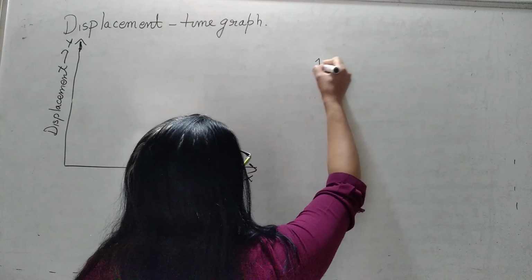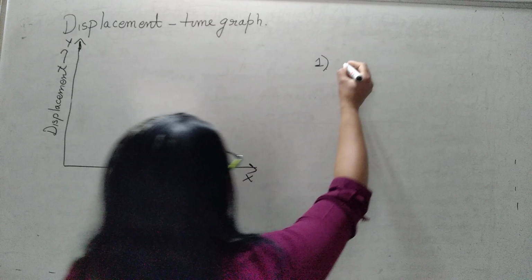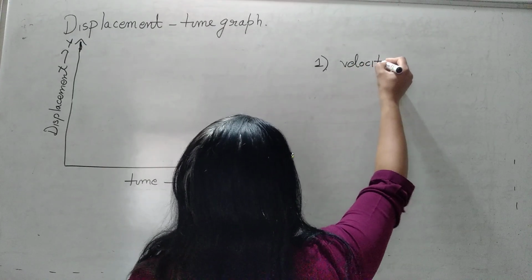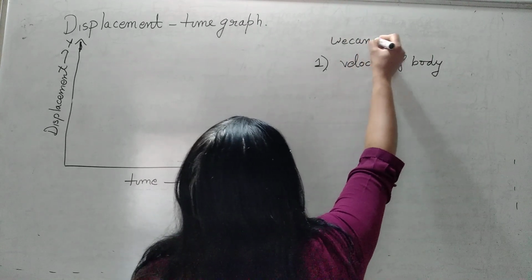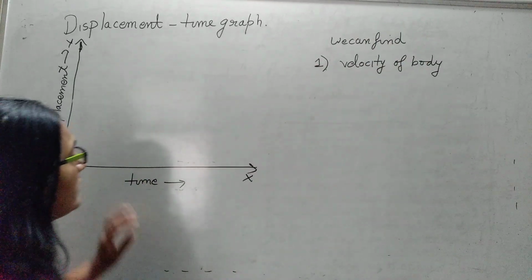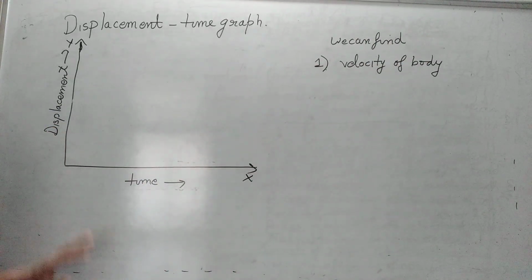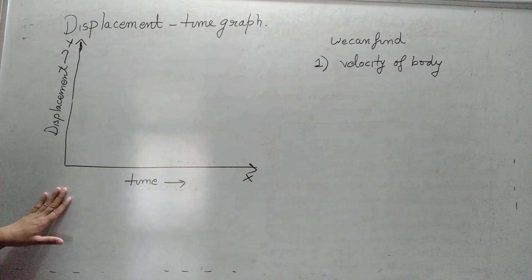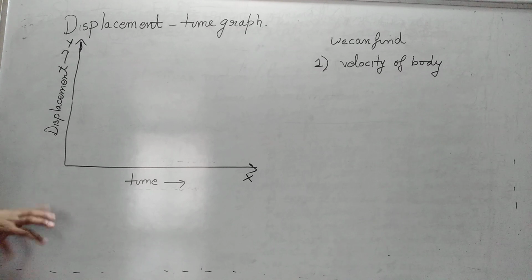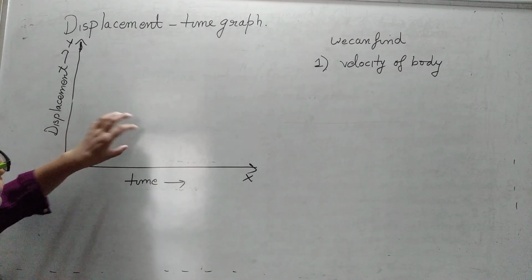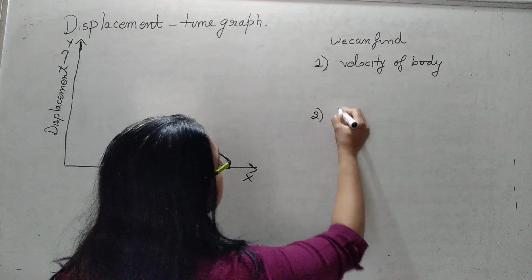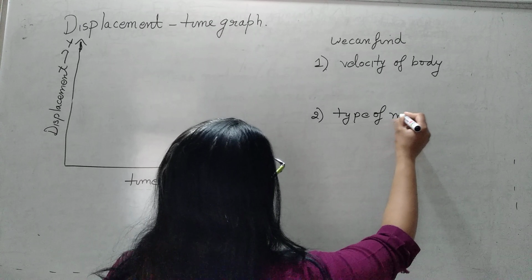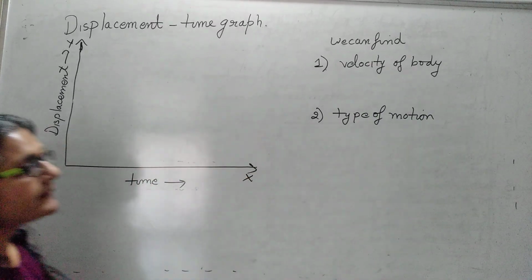What do we come to know from displacement time graph? From displacement time graph, we can find the velocity of body. We can draw the displacement time graph, but what is its use? Its first use is that from the displacement time graph we come to know what the motion of the body is, what type of motion it is. After that, we can find out the velocity of the body using displacement time graph, and we can find out what type of motion from the displacement time graph.